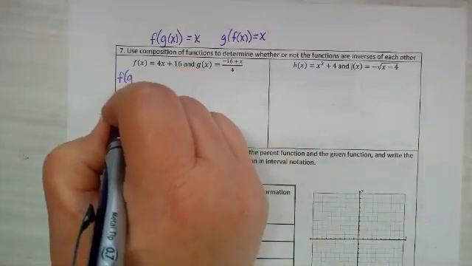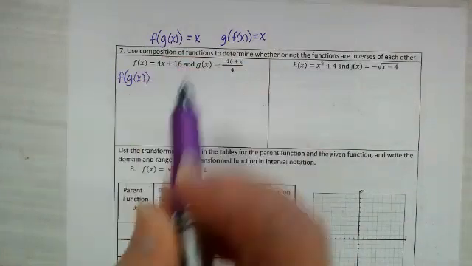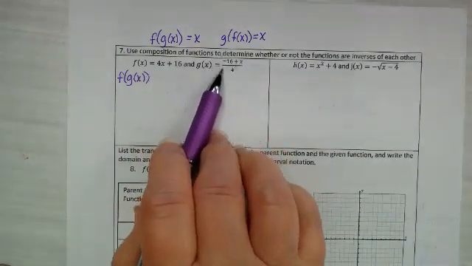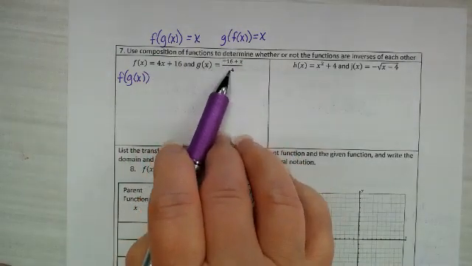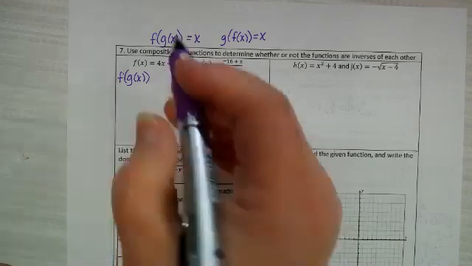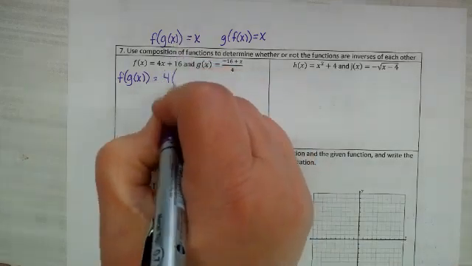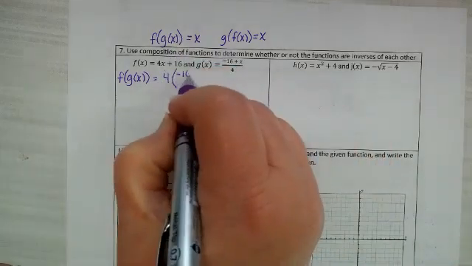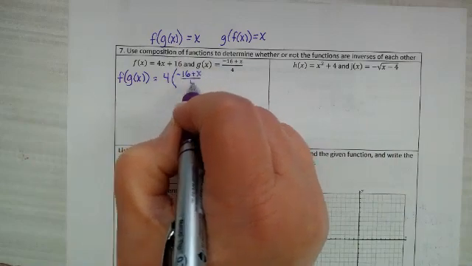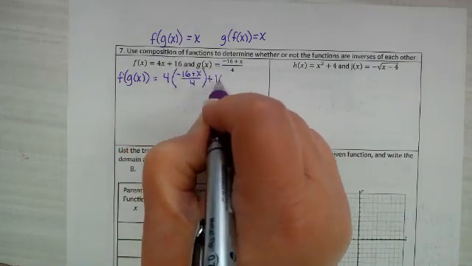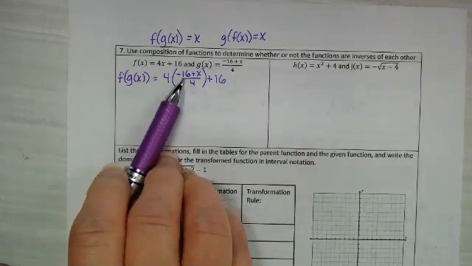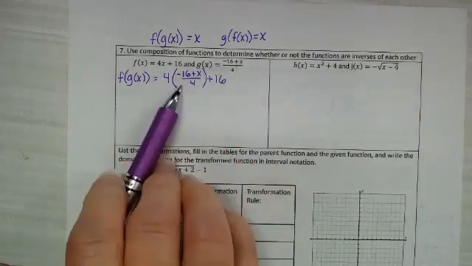So for the first one, I'm going to do f of g of x. So I'm going to take this g of x equation and plug it in for x. So I've got 4, and then I've got all of this, (-16 + x)/4 + 16. The only thing I did was I substituted this in place of x.